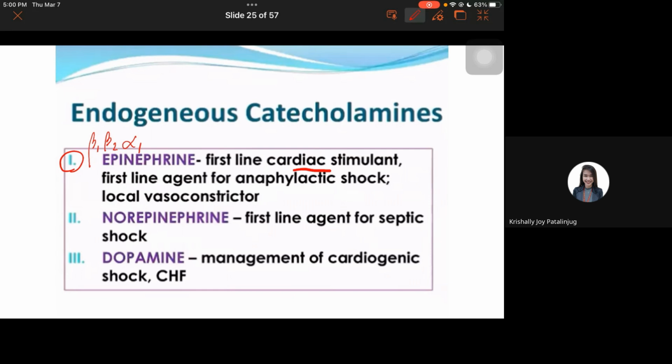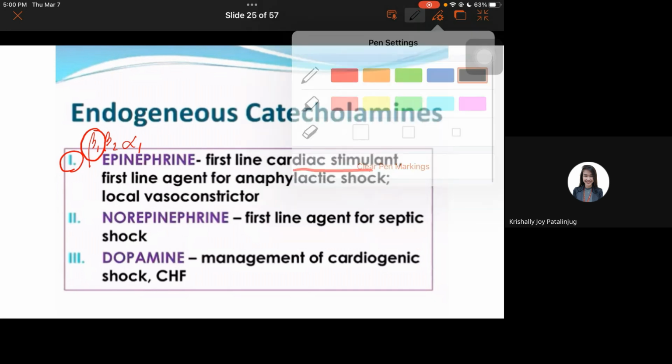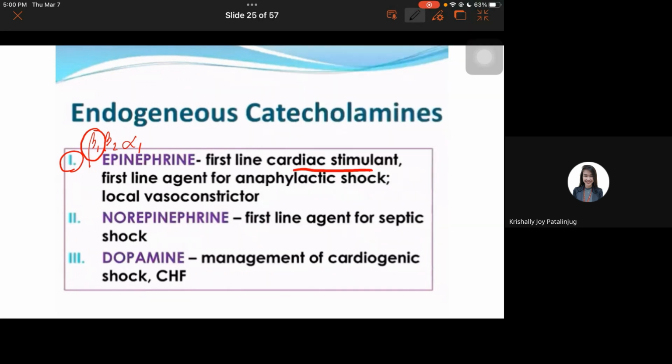Specifically, pag sinabing cardiac stimulant, ang receptor na we could relate to it is yung affinity niya to beta 1. Okay? So because of its receptor activity to beta 1 receptor, this could be used as cardiac stimulant. In fact, it is the first line cardiac stimulant. It could stimulate the heart.